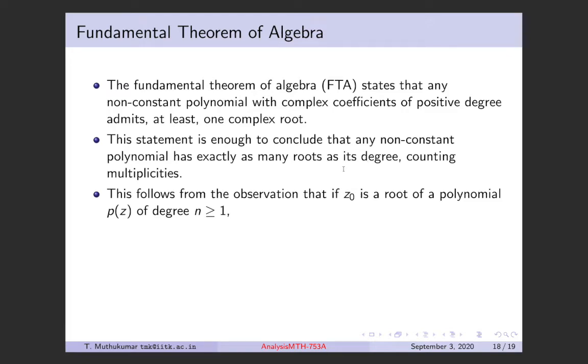So how do you see that proving the existence of only one complex root is enough? Suppose we have the polynomial p(z) and z0 is a root of this polynomial, then automatically p(z) has this form, right? Because when z is equal to z0, p(z0) is 0, and here again this is 0. So p can be factorized like this, where q is a polynomial of degree one less than p, so it's of degree n minus 1.